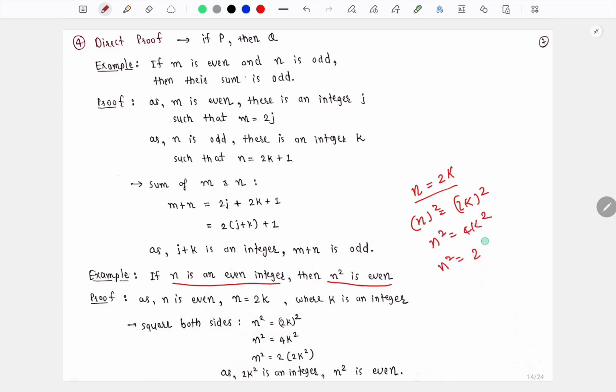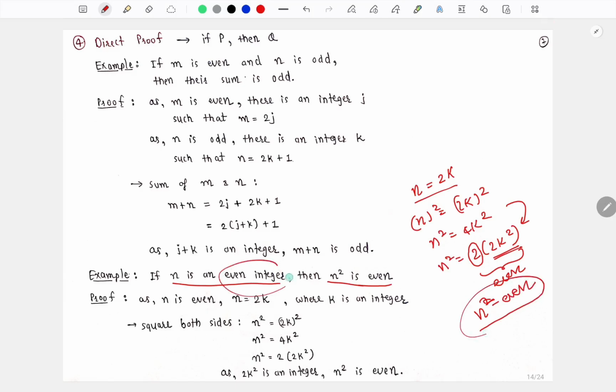If we write it as 2 into 2k square, we can write it like this. If any number is multiplied by 2, we can say that it is an even number. So n square is even. This is what we needed to prove: if n is an even integer, n square is even.